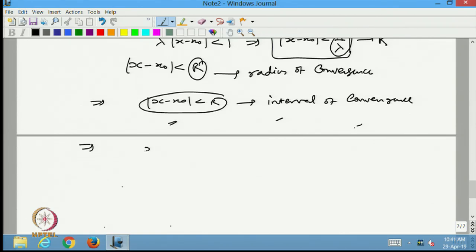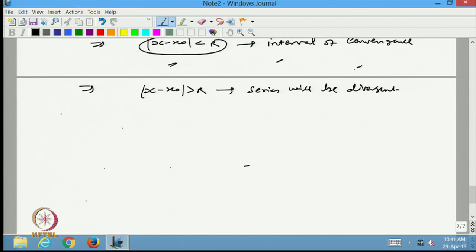And in the region where modulus of x minus x naught is greater than R, the series will be divergent. So, this is the radius of convergence we have found.